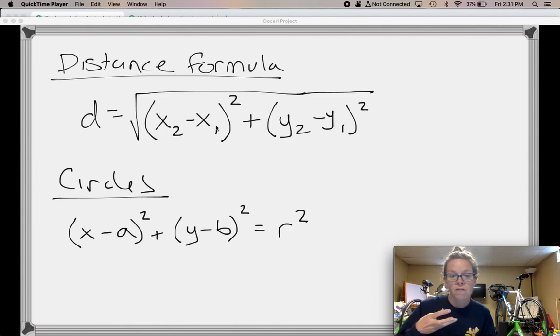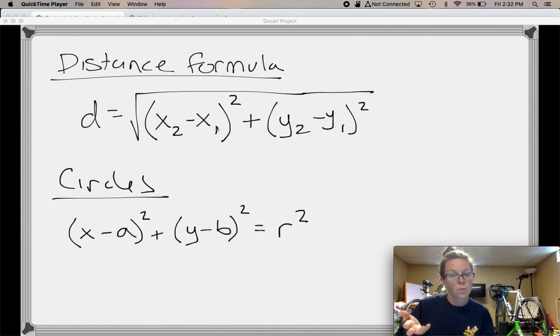Well, they both have 2 groups that are squared. Both groups are a subtraction, an x group, a y group. We've got a subtraction in there. We've got the squares. Those groups are added together. Well, what's different about them? The distance formula has that big square root in it, and the circle formula says it equals r squared.